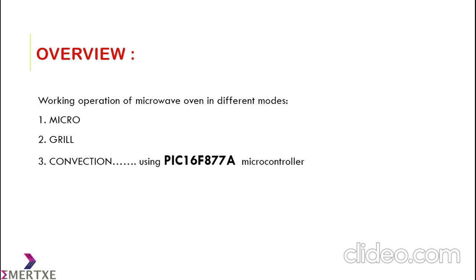For such classified requirements, depending upon the amount of flame required, this microwave will have three different flame modes: micro, grill, and convention. In micro we will have the low flame, in grill a medium flame, and in convention generally we get a high flame.